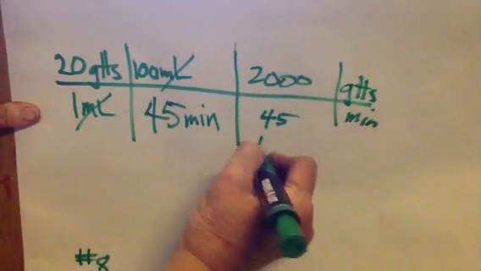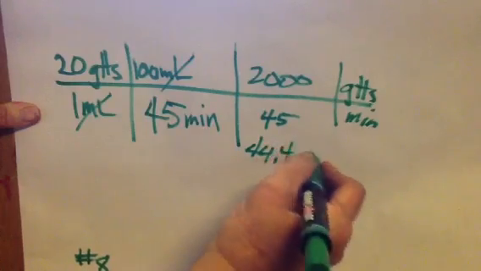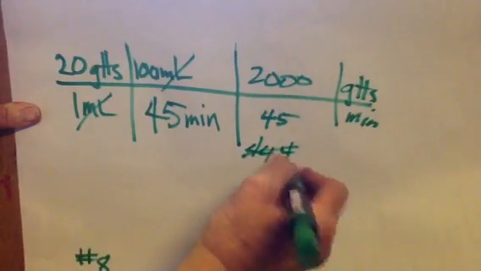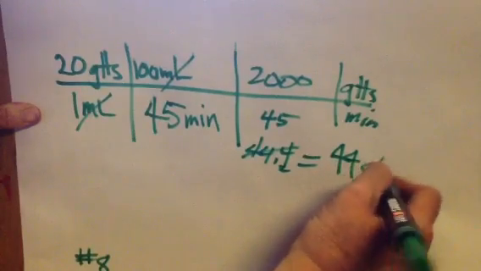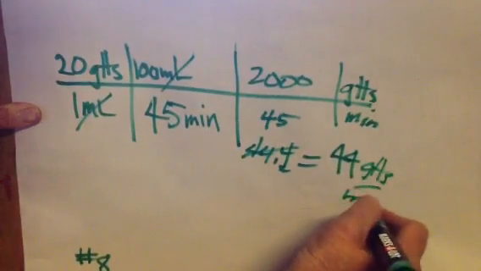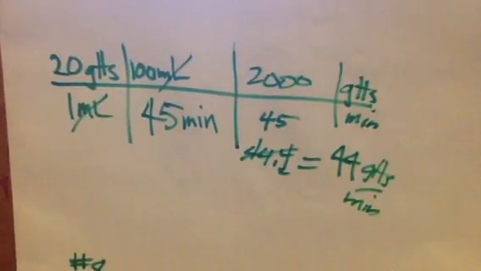We come out to 44.4, but we can't have a part of a drop, so we round that to 44 drops per minute. Okay, so that was number 9.